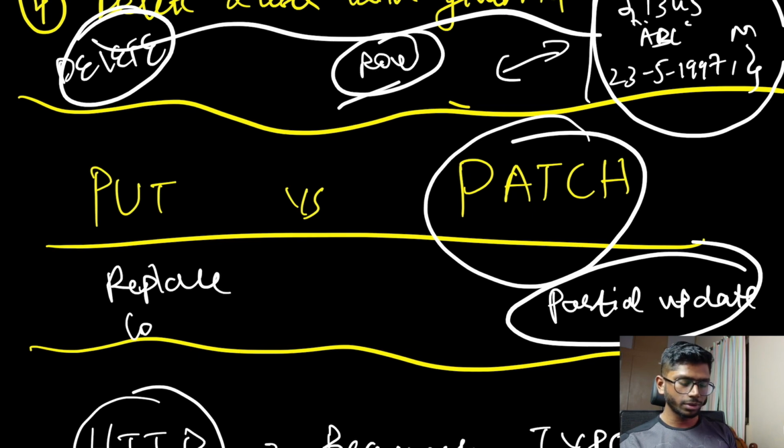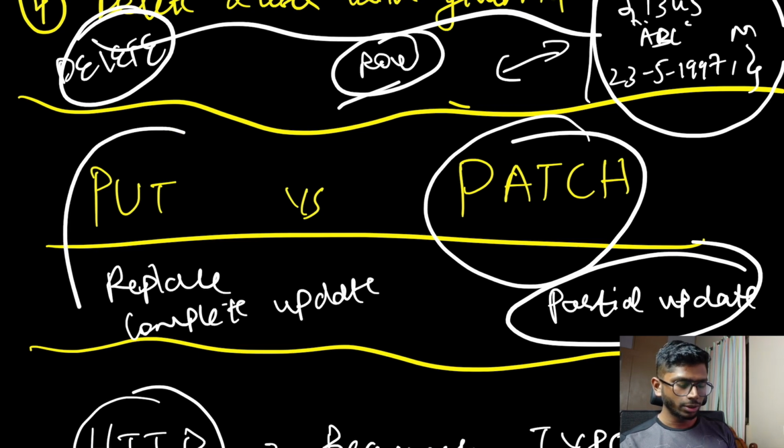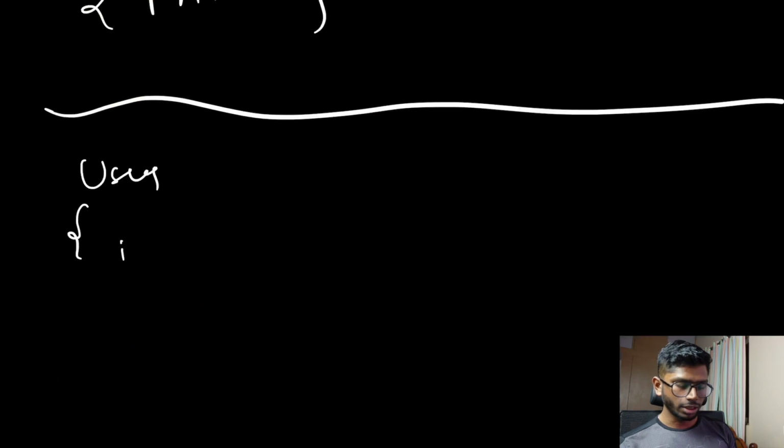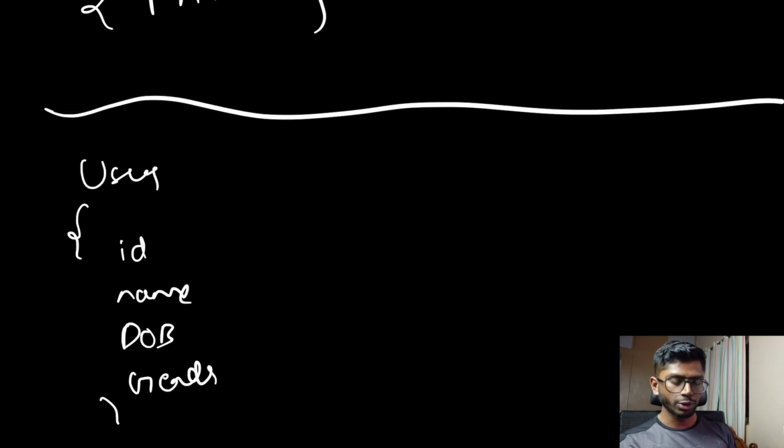So the reason we have PATCH is for a use case something like this, wherein you have a user and you want to only update the date of birth. In PUT, what we used to do, we used to pass all the parameters.